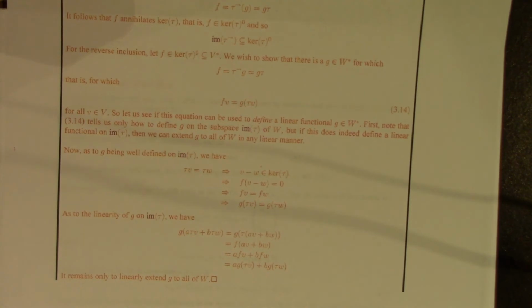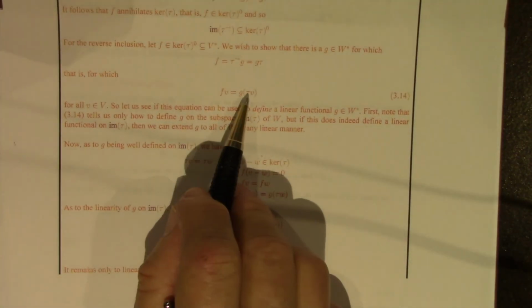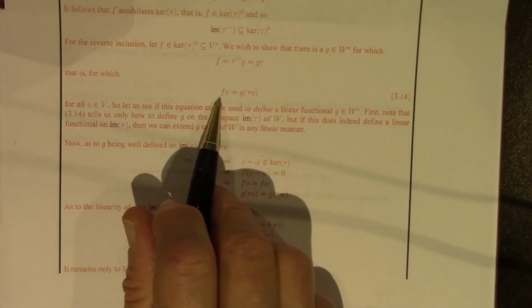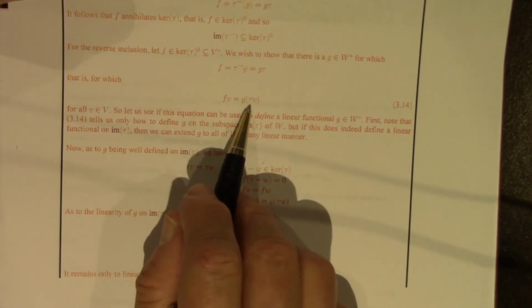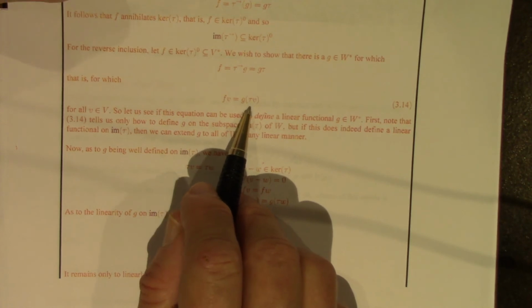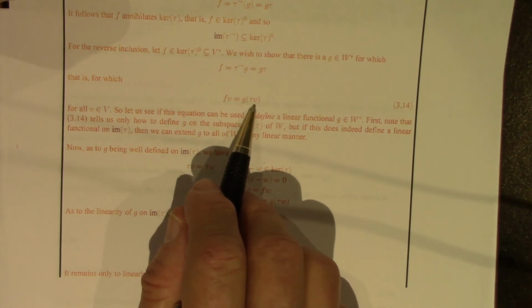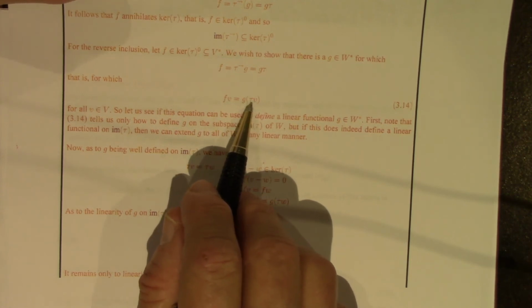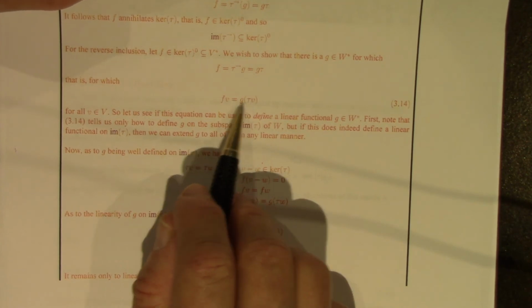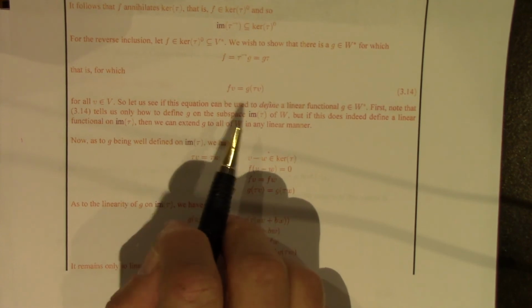The first problem is that if we tried to define G by this equation, is it well defined? A vector in the image of tau may be the image of several V's here, and we have to get the same thing out of this to be well defined.